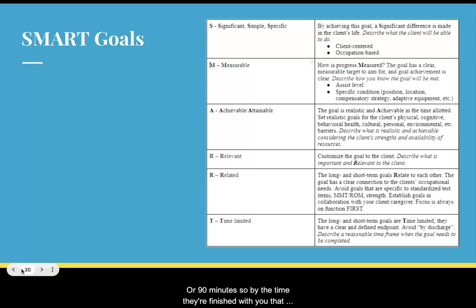So by the time they're finished with you, that long-term goal is maybe that 2 weeks. But within those 2 weeks, they will be supervision with toilet transfers if they're max assist now. And within that short-term goal will be maybe within 1 week or 3 to 4 sessions that they're able to complete X, Y, and Z task.